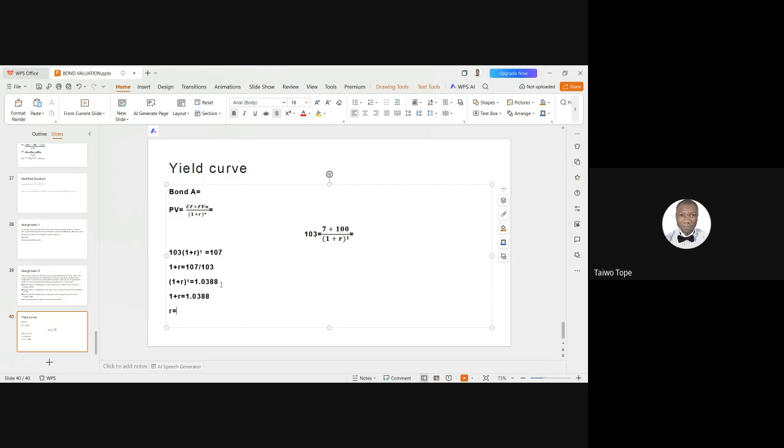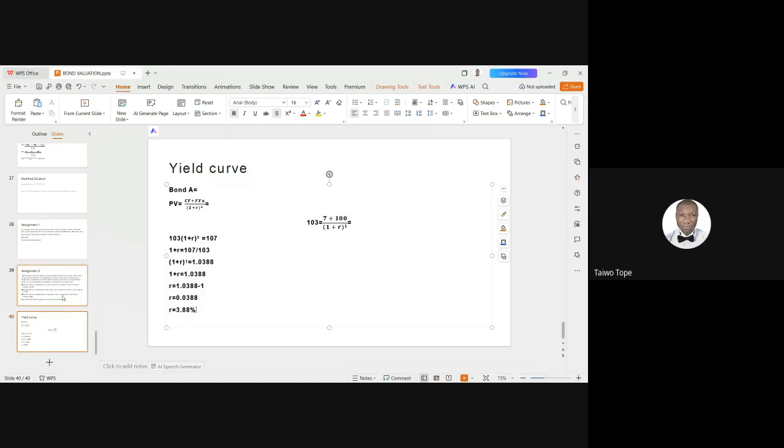R will be equal to 1.0388 minus 1, which is 0.0388. In percentage, R will be 3.88%.